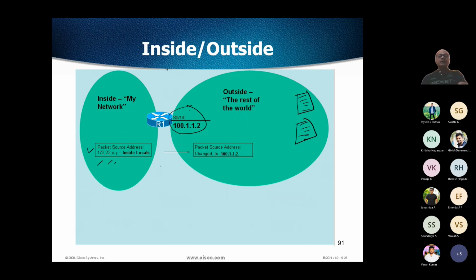So this guy doesn't know the IP address of your PC. He knows only your public IP. You're going to be represented with this IP, as simple as this, guys. I think the FIFA World Cup is going on. When you play football, you represent the country, not your name. That is called your outside global.